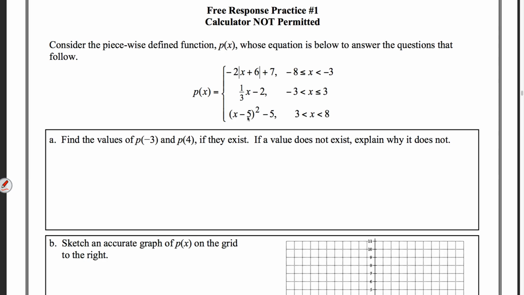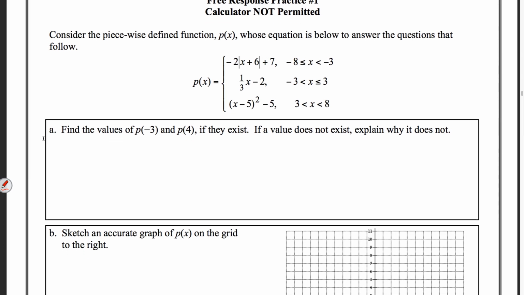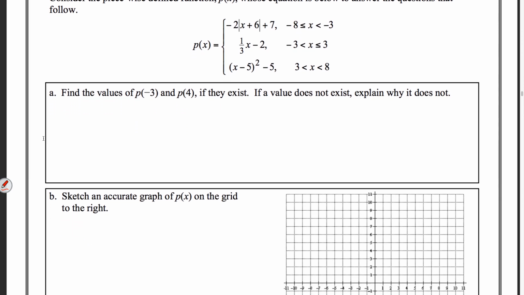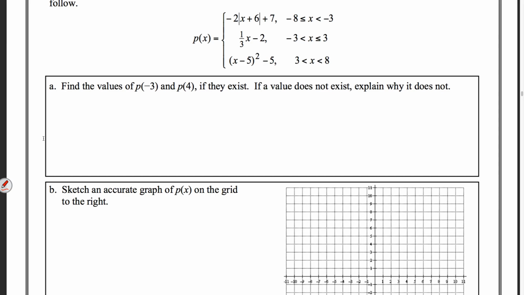Let me explain to you how a piecewise function works. Let me write these two things down for you, and you will understand a piecewise function a lot better.